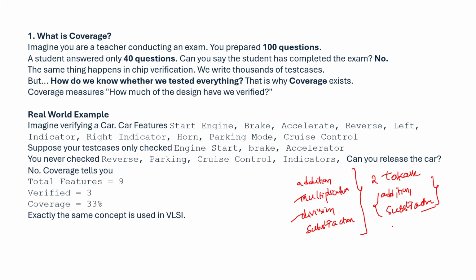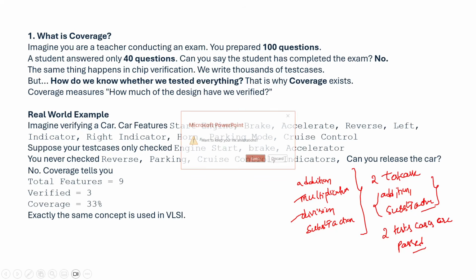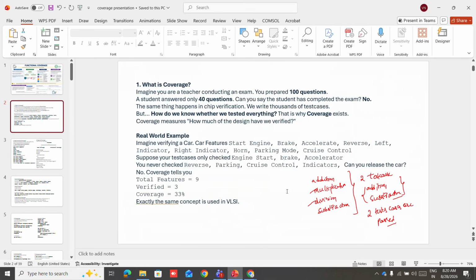Addition and subtraction, two test cases are passed, but does that say that your design is 100% verified? Am I clear in what I'm explaining? So is that 100% verified? No, right?